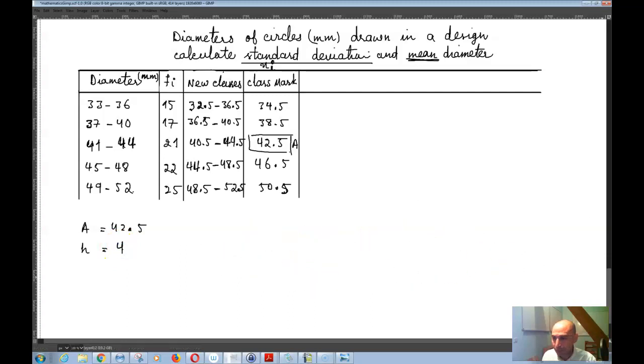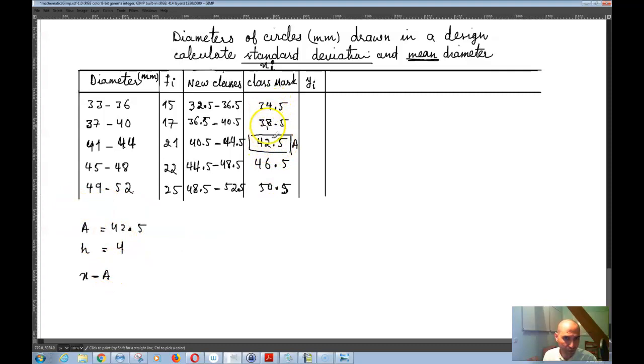And basically, for your x of i, I want to define some other variable y of i in such a way that I take my x of i and subtract from that this assumed mean, so that the number becomes smaller.